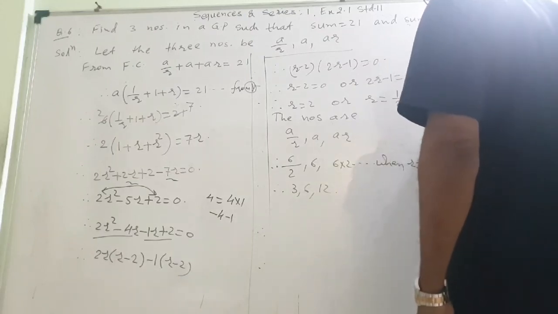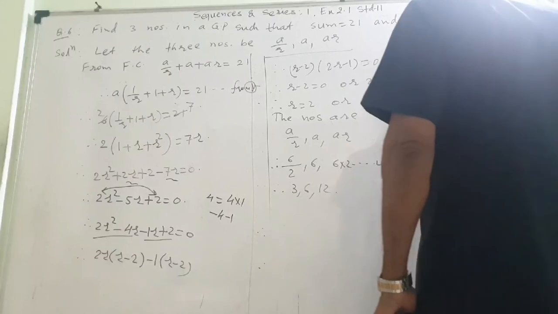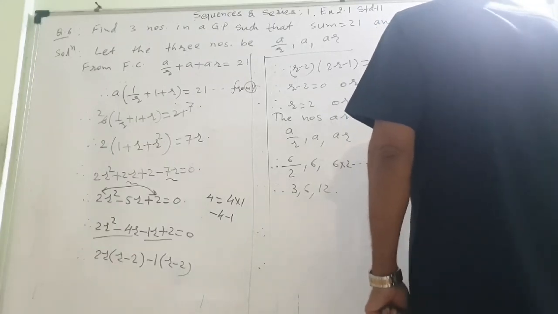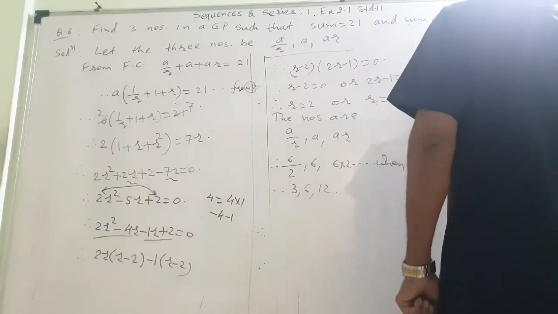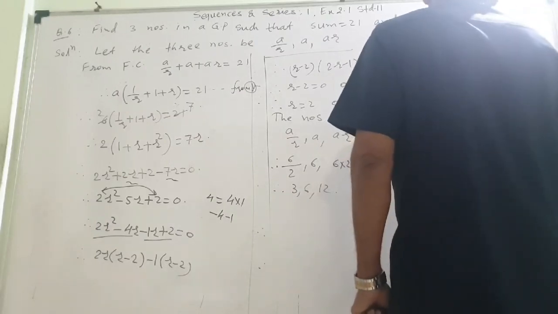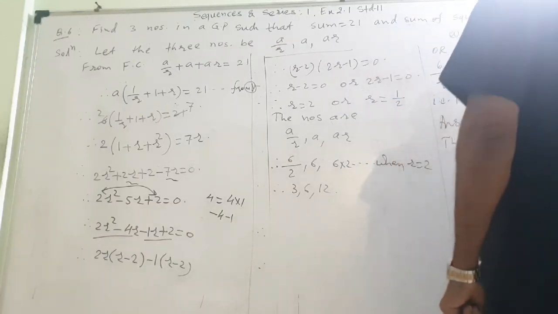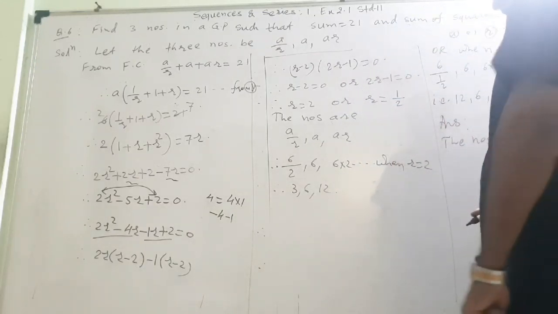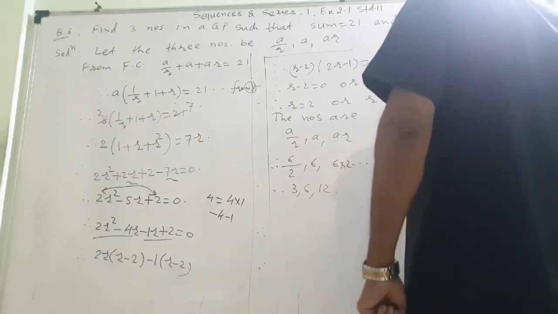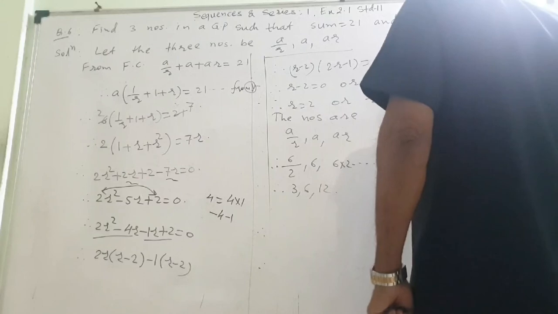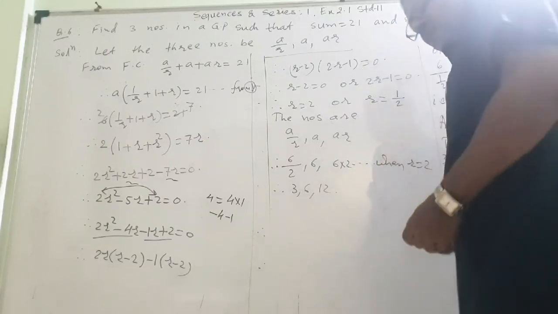That will become 12, 6, and 3. The numbers are 3, 6, 12 or 12, 6, 3. This is your final answer.